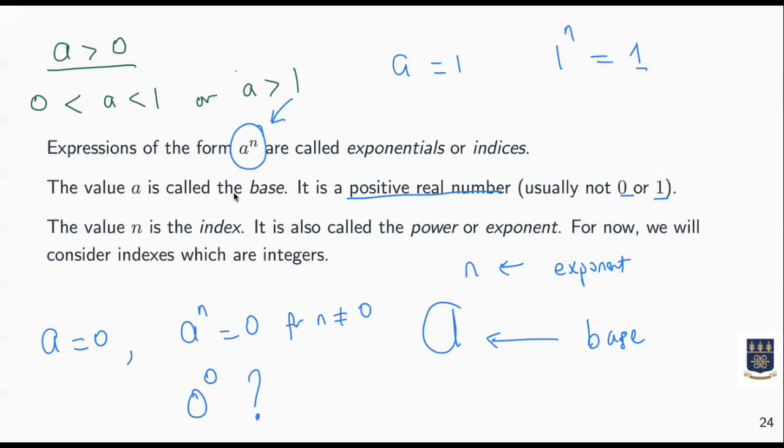So we'll come to that as time goes on. For now, we'll let our indexes be integers. So in other words, we are considering a to the power n, where a is greater than 0, a not being equal to 1, and n being an integer. And this is the classic definition of indices.